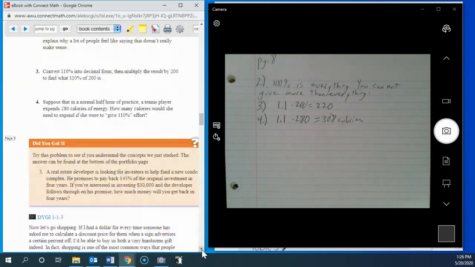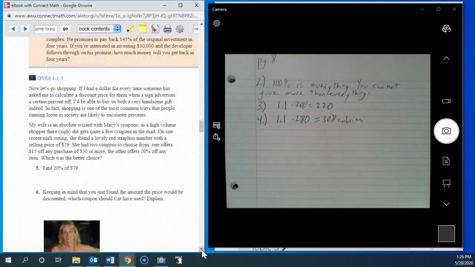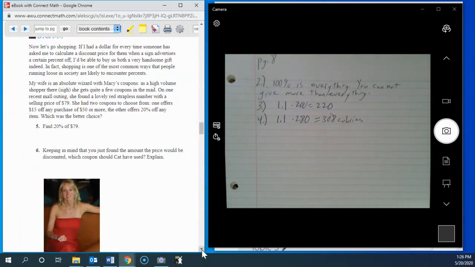Okay, now we're still on page 8, and it says here, now let's go shopping. If I had $1 for every time someone has asked me to calculate a discount price for them when a sign advertises a certain percent off, I'd be able to buy us both a very handsome gift indeed. In fact, shopping is one of the most common ways that people running loose in society are likely to encounter percents.